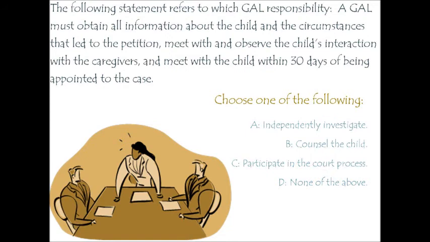Is it A, the responsibility to independently investigate? B, the responsibility to counsel the child? C, the responsibility to participate in the court process? Or D, none of the above?